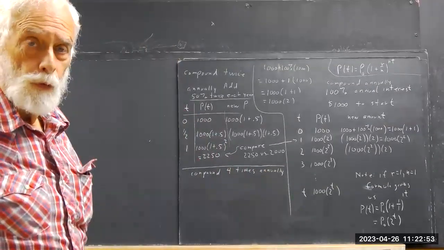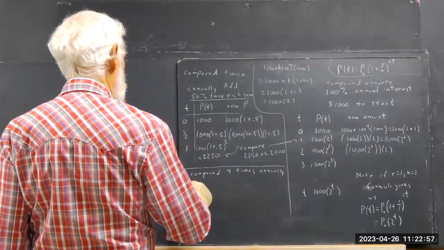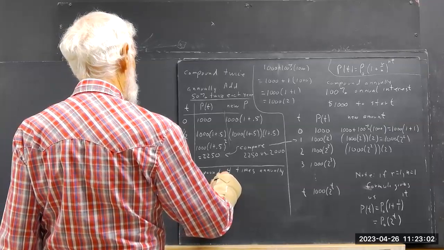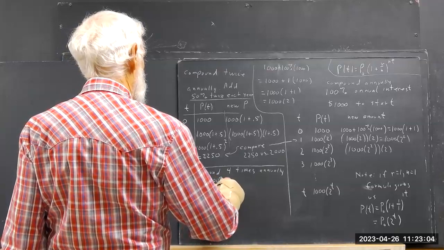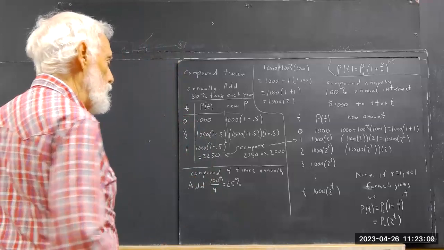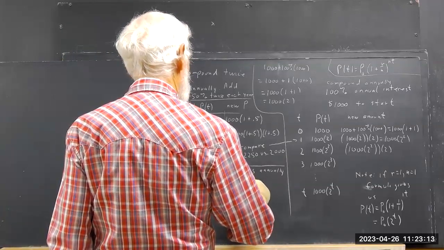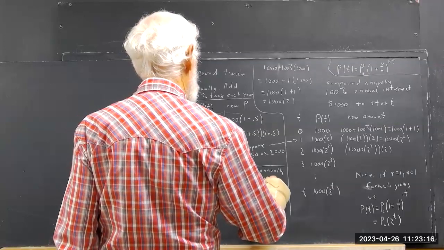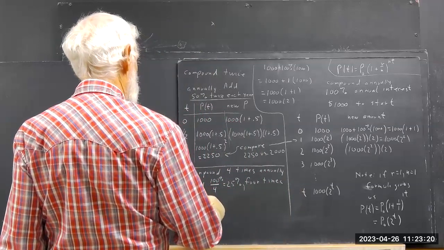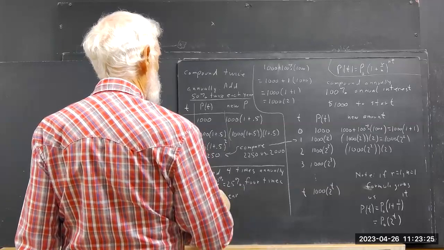Now we can compound 4 times annually. In which case we add 100% over 4, which is 25%, four times the first year.